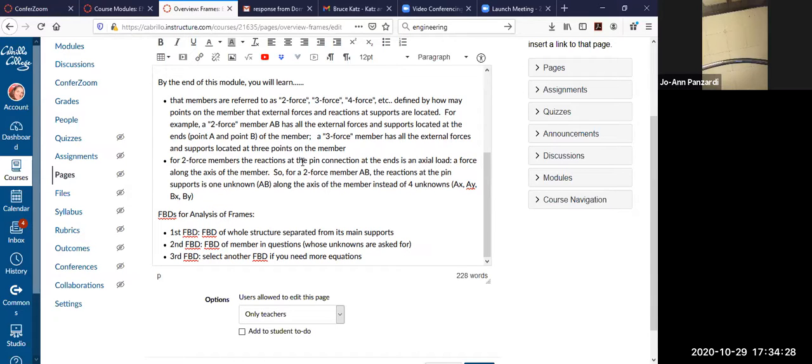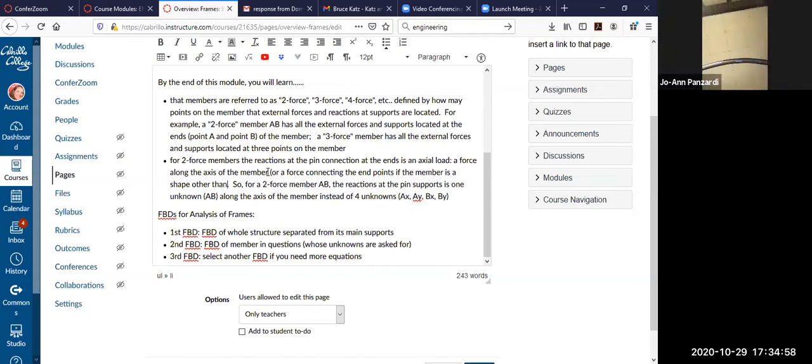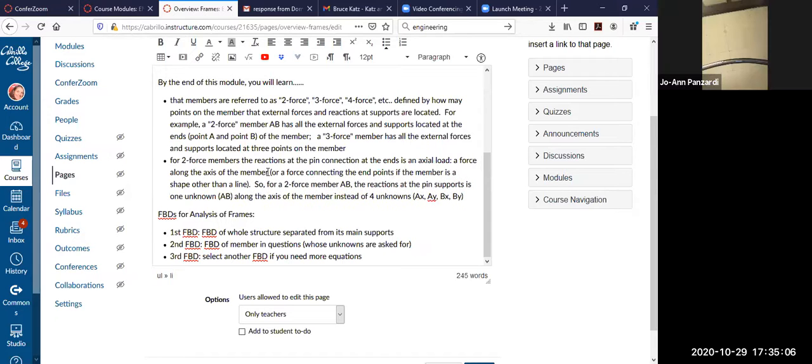For 2-force members, the reaction at the pin connection at the ends is an axial load, a force along the axis of the member, or a force connecting the end points if the member is a shape other than a line. Okay.